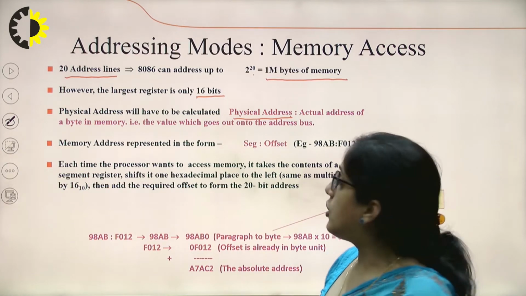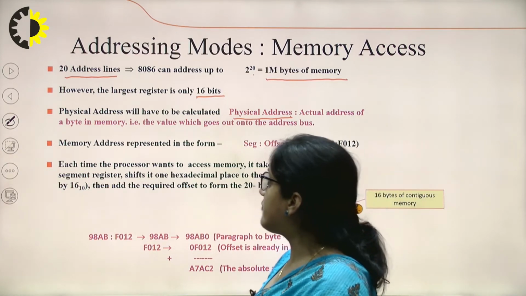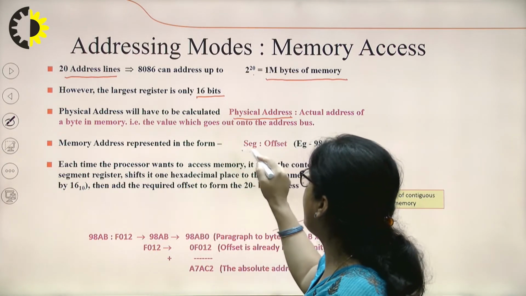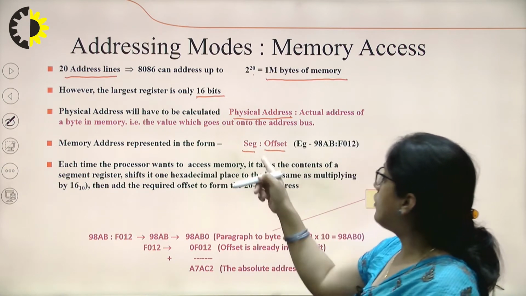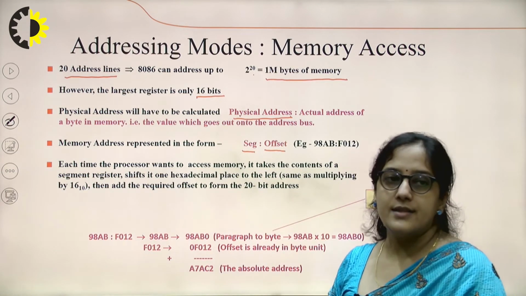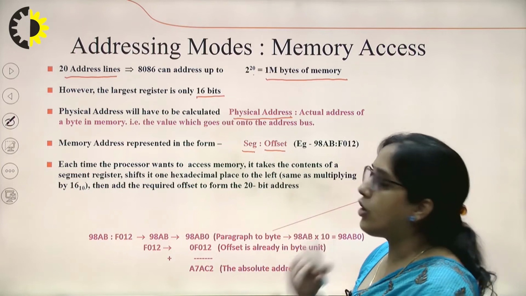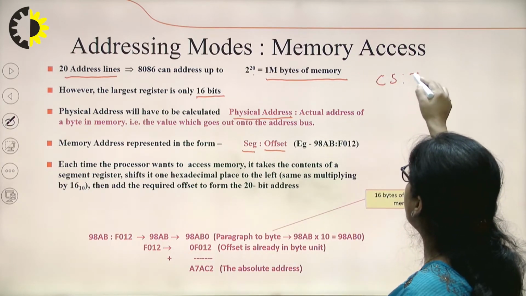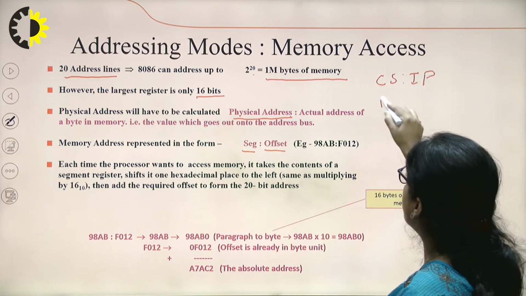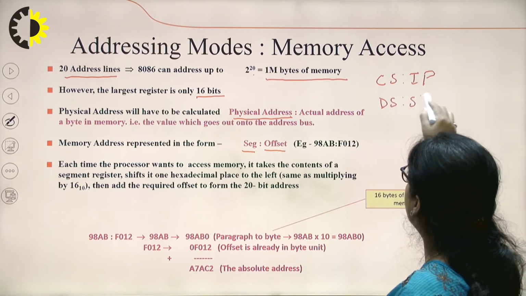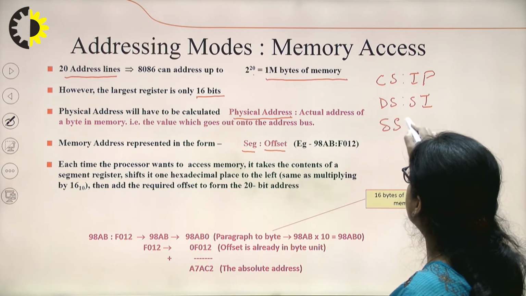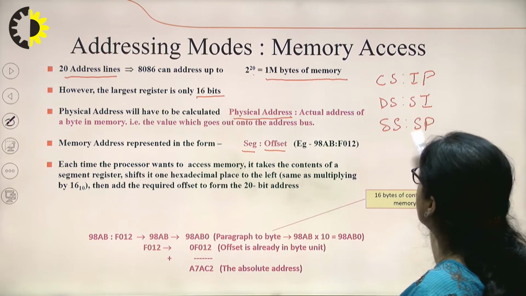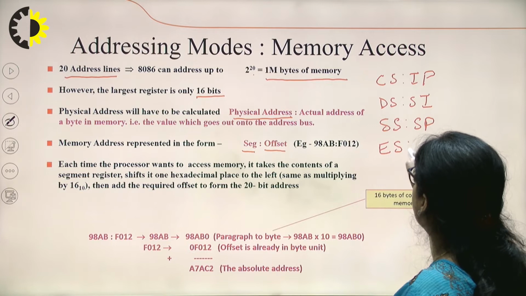In case of memory addresses, we represent them as segment colon offset. We always represent our address as segment colon offset. If I have to specify it, I can have CS:IP, or I can specify DS:SI, or SS:SP, that is stack segment, or ES:DI.